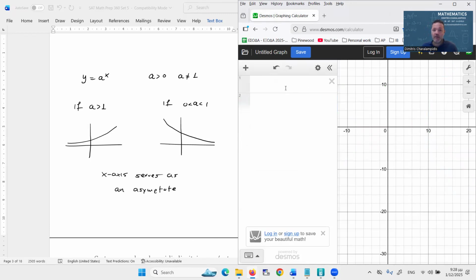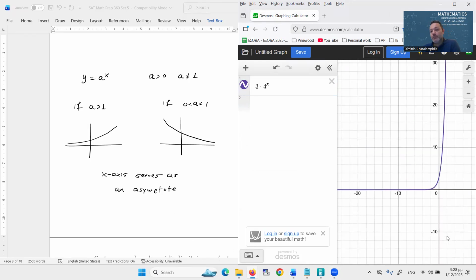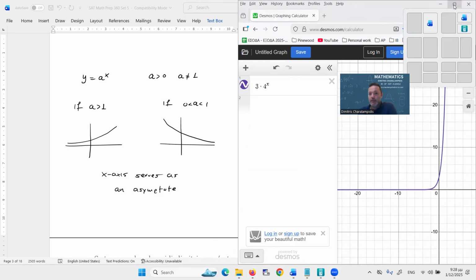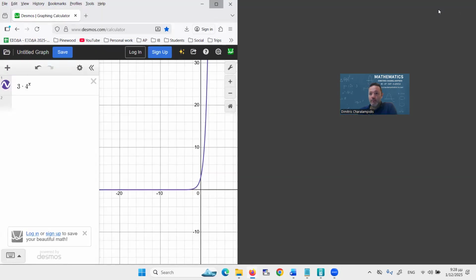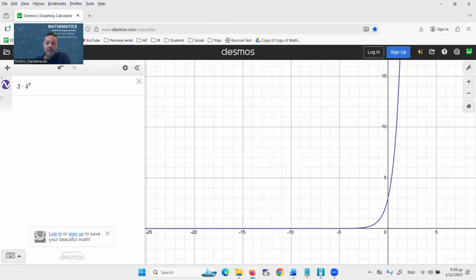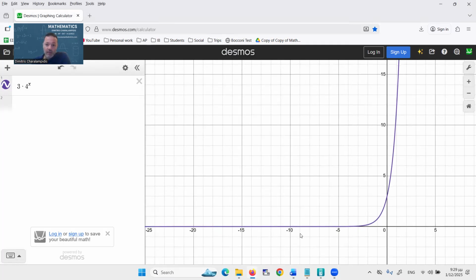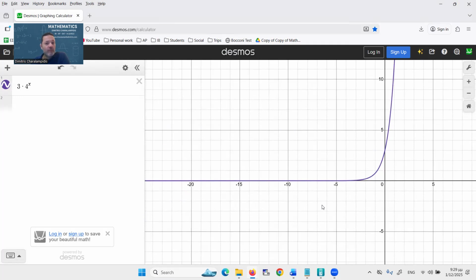Let's do the graph. 3 times 4 to the power of x. It's this. Now, this line, let me make it a bit bigger. You can see that that should have been the graph, and now it looks like it lies exactly on top of the x-axis.